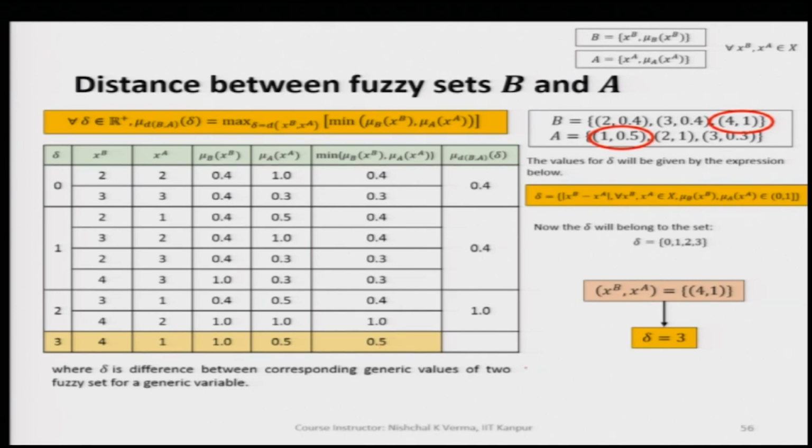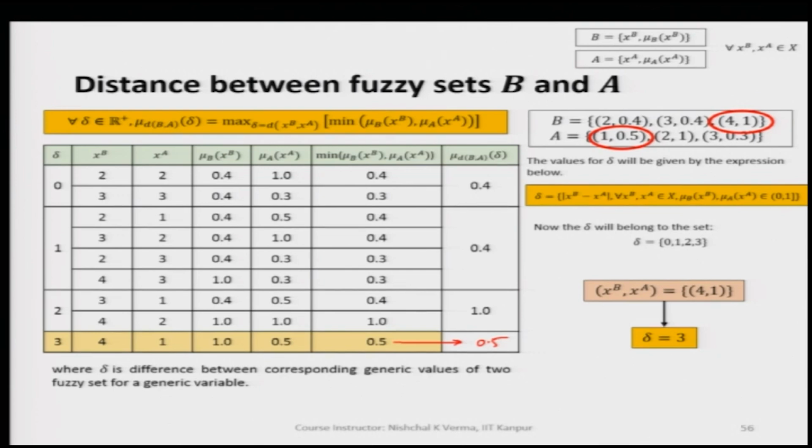Since we have only one value, we take max, we get only 0.5. Now, please note that we do not have any pair for which we get delta is equal to 4. So, we will stop here.